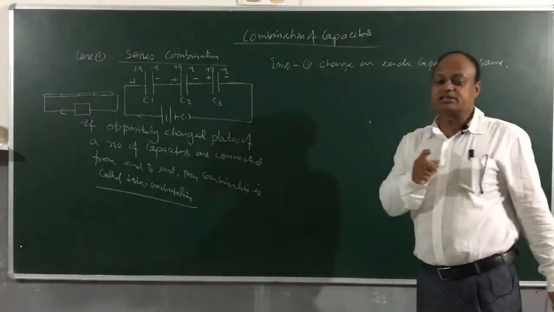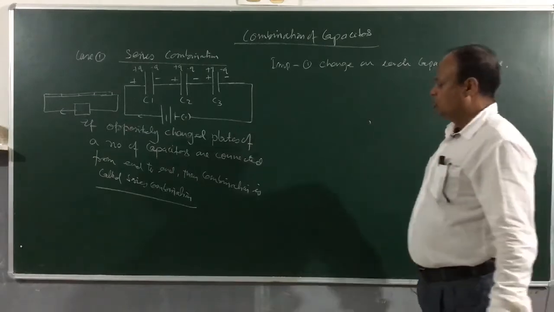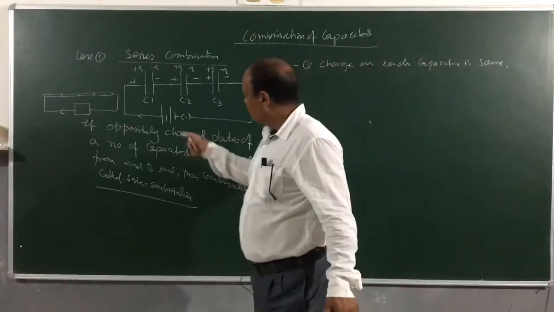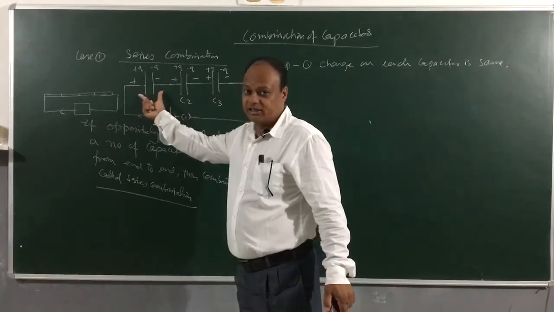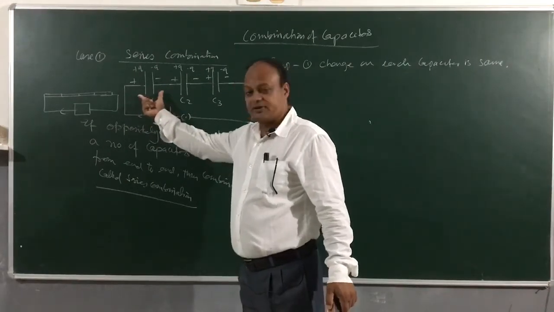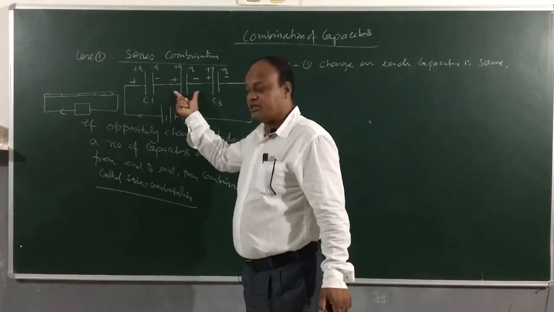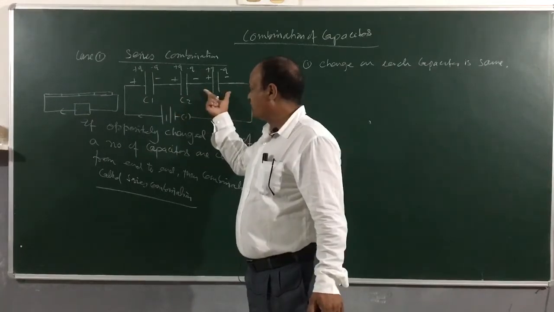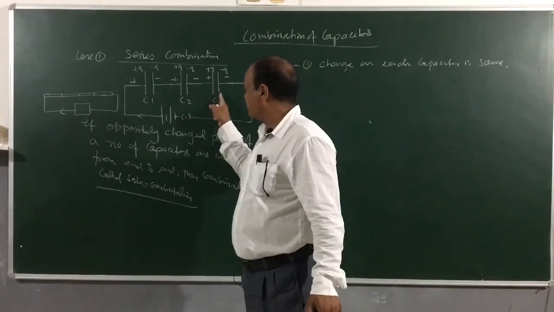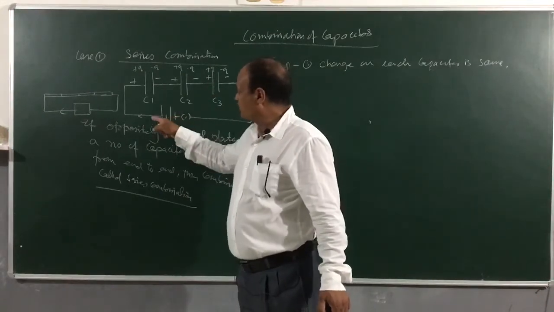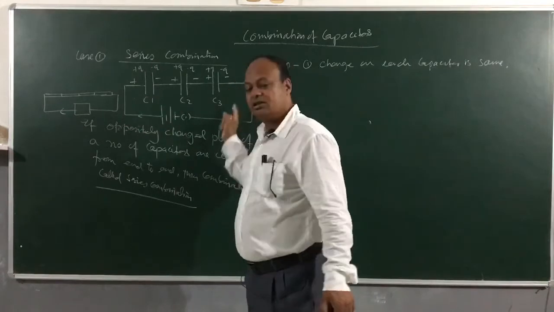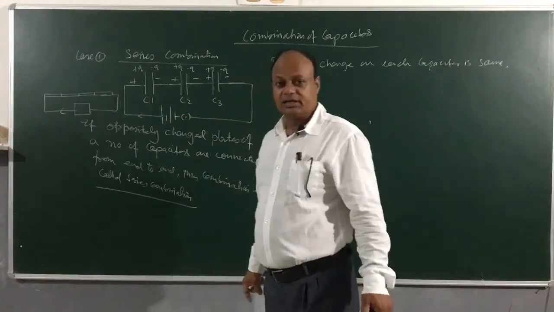Now if I apply a potential difference here, each capacitor will have a different potential difference. Suppose potential difference here is V1, here V2, here V3. Then V1 plus V2 plus V3 will be equal to the applied potential difference, if I ignore the potential difference across the wires, assuming the wires have negligible resistance.